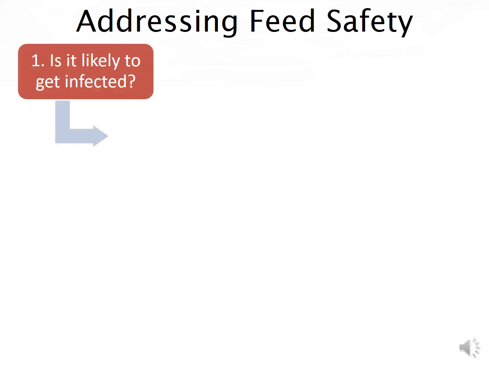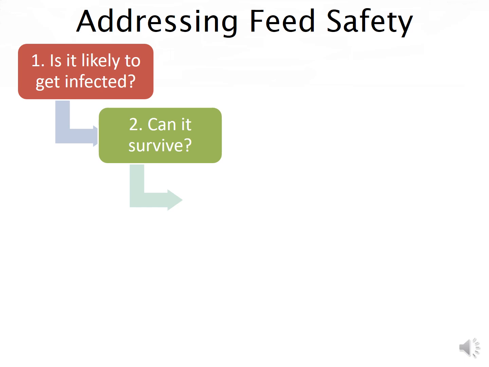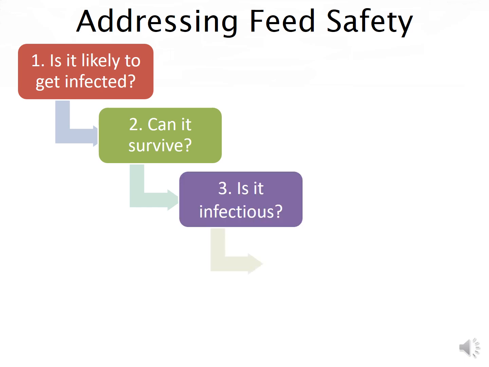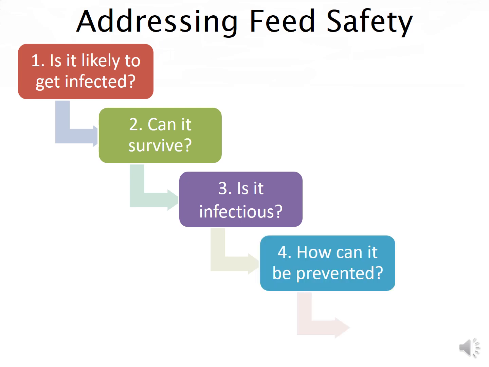The first question is, is the ingredient likely to get infected? If it's likely to get infected, can the virus survive transport from the country where it was infected to the point that it would be fed to an animal? If so, is that virus in a form that can cause infectivity above a specific dose that would cause illness within the animal?